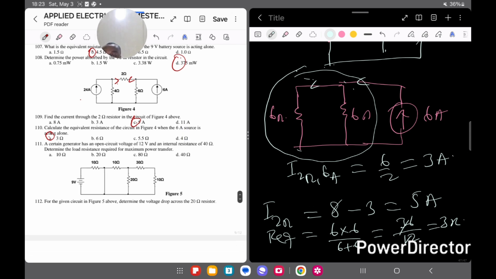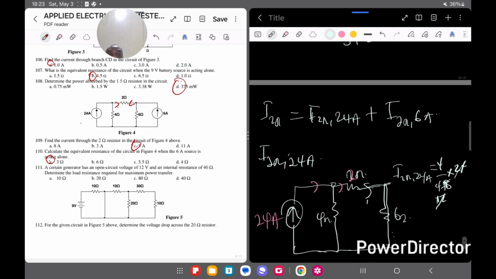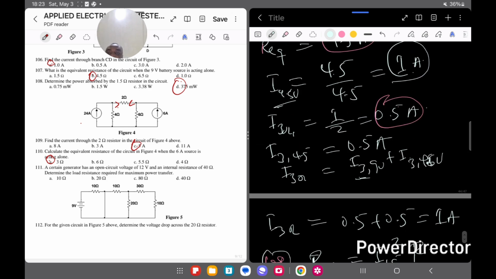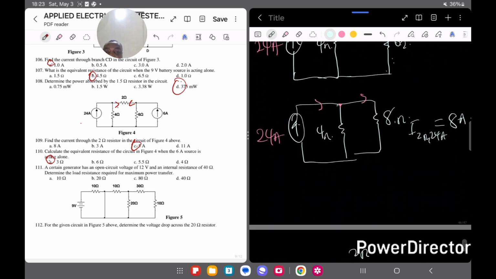A certain generator has an open circuit voltage of 2 volts and an internal resistance of 4 ohms. Determine the load resistance required for maximum power transfer. I explained this one earlier, right? It's similar to the other one. We know that if you are dealing with maximum power, to get the maximum, you make sure that your load resistance becomes the same as the internal resistance. So you can see here the internal resistance is 40 ohms.